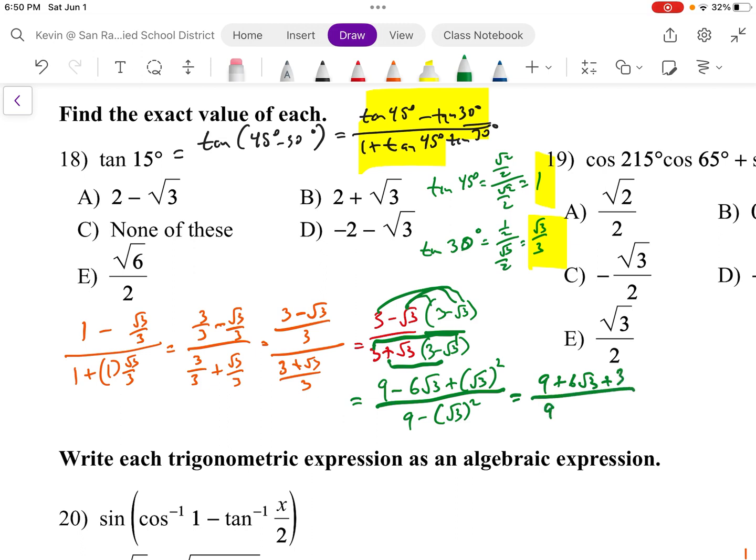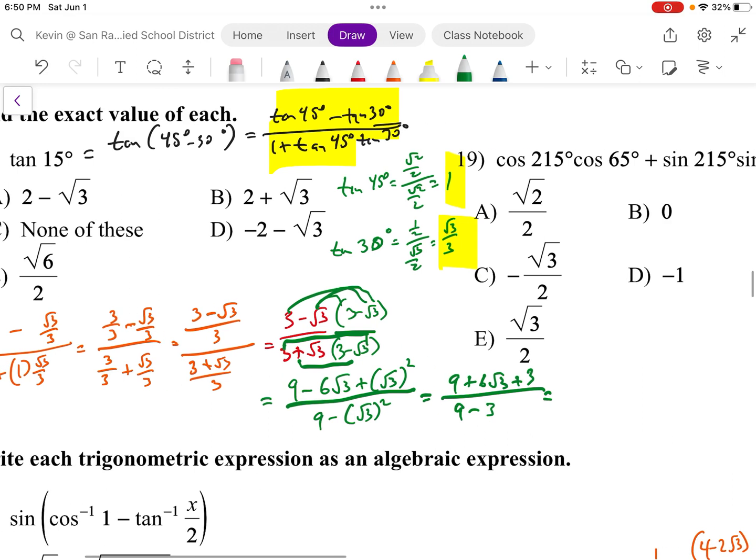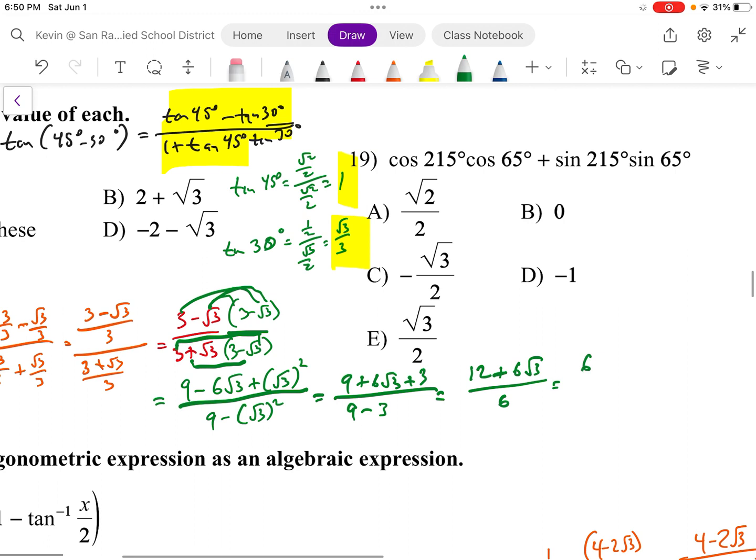On the bottom, we have 9 minus square root of 3 squared, which is minus 3. All right, so we have 9 plus 3 is 12, plus 6 root 3 over 6. Factor out 6, I got 2 plus root 3 all over 6. These cancel out, and it leaves me with 2 plus root 3.